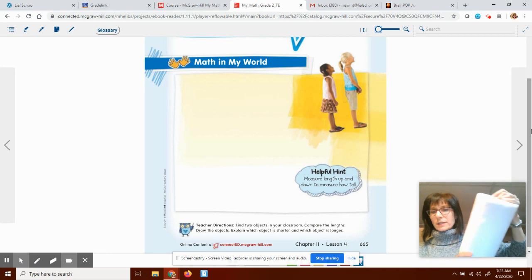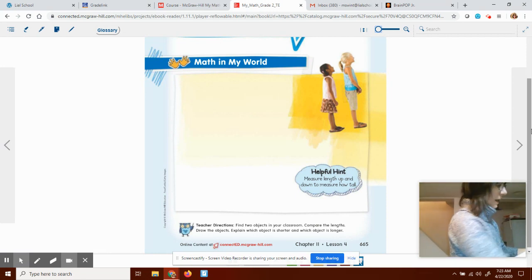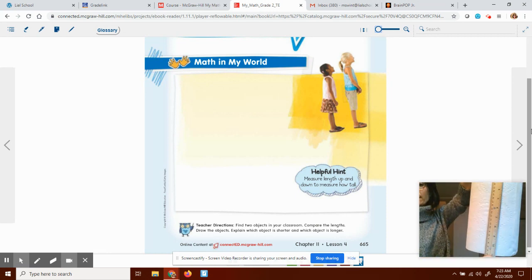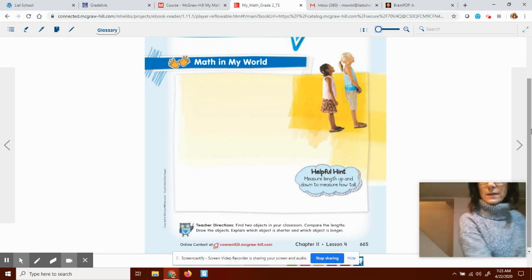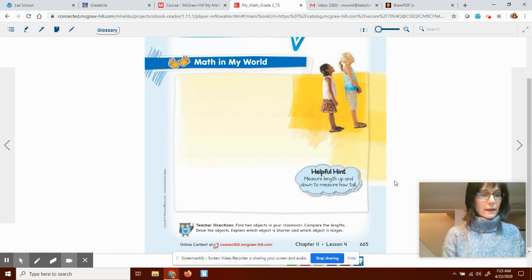Well, everybody's got paper towels. And so Mrs. Swin's going to take her roll of paper towels here, and I'm going to measure them with my ruler. I think that should be long enough. All right, my paper towels, looks like they're exactly 11 inches. So let's draw some paper towels here. I'm going to grab my handy dandy pen.